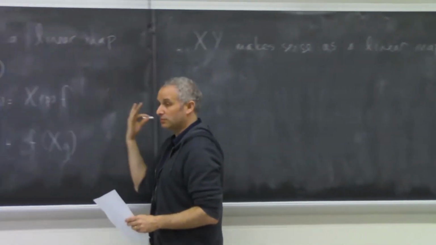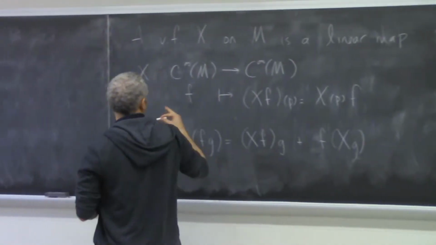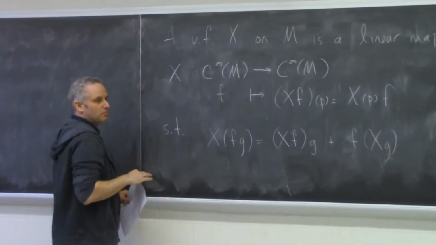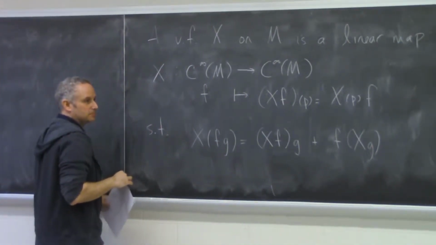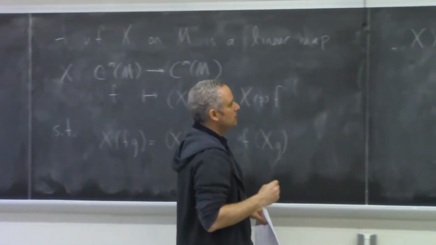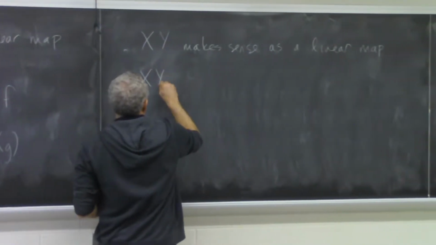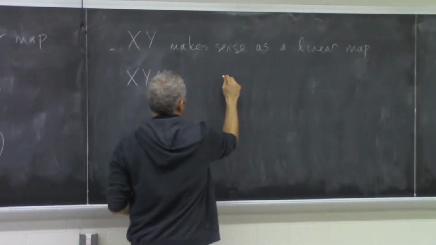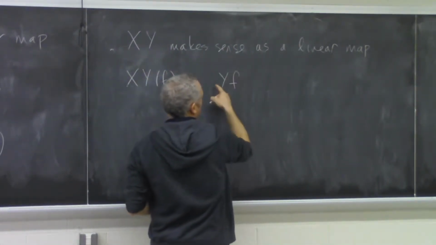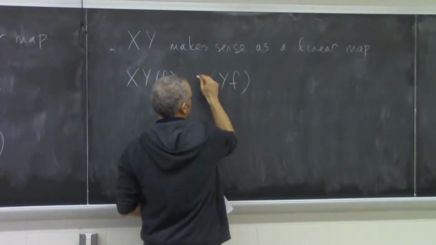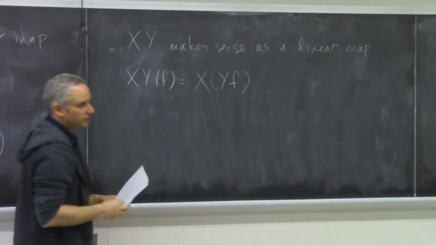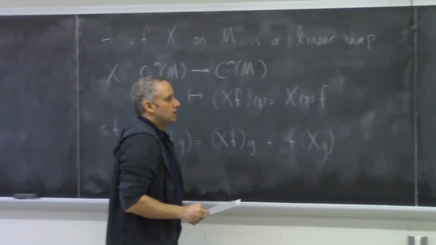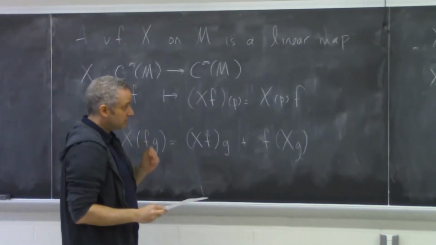Just the composition of the map defined by the vector field Y with the map defined by the vector field X. So XY acting on f is a map that acts by Y acting on f to give a new function, and then X acts on that function to give the resulting function, the end function.